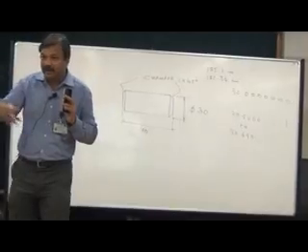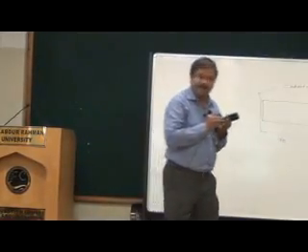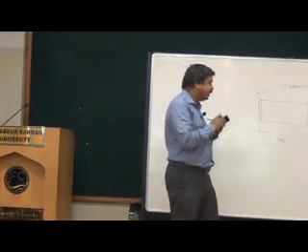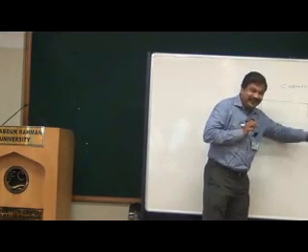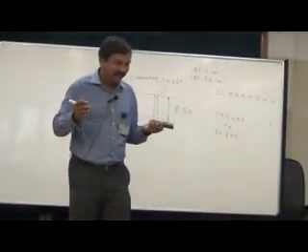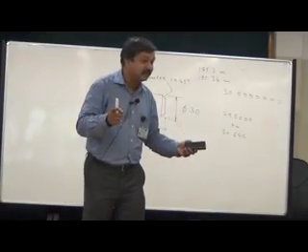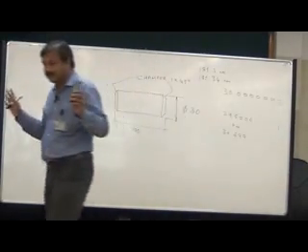Now all that I'm trying to convey is, there is nothing called exactly 30 mm. It doesn't exist. Forget about measuring. Exact 30 mm, does it exist? No, it doesn't exist.